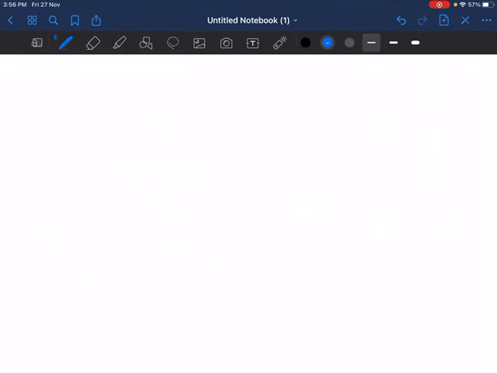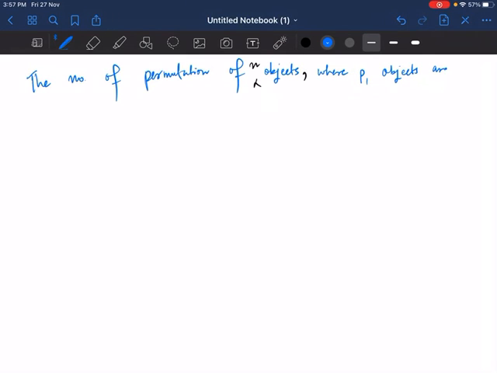The last portion says the number of permutations of n objects where p1 objects are of one kind, p2 objects are of another kind, and pk objects are of the kth kind.